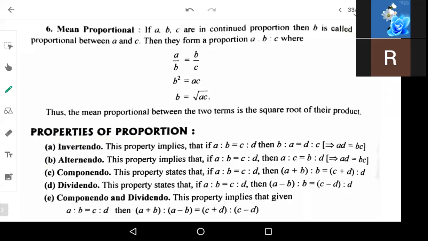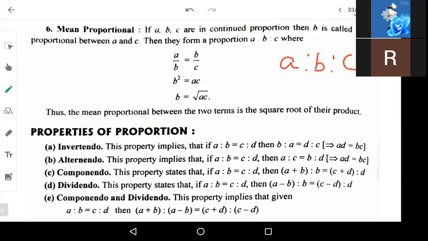Now the last type of proportion is mean proportion. Mean proportional is whenever we have three terms given, A, B and C, in a continuous proportion. For example, like how we have ratio, no?